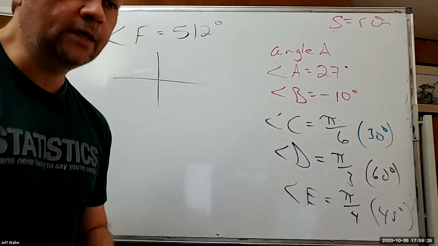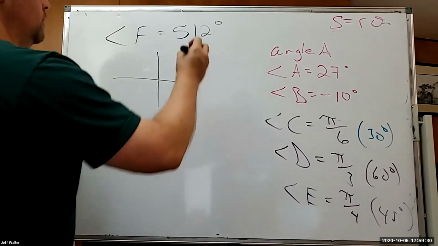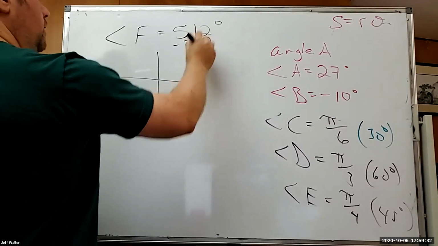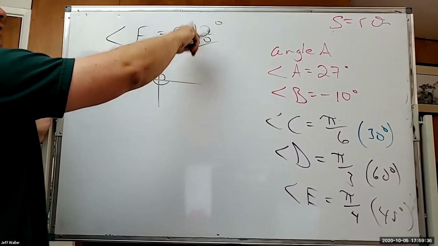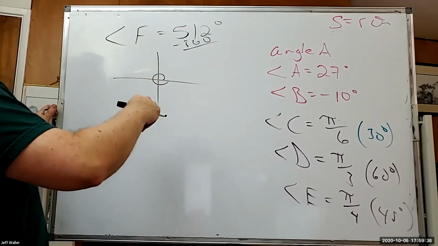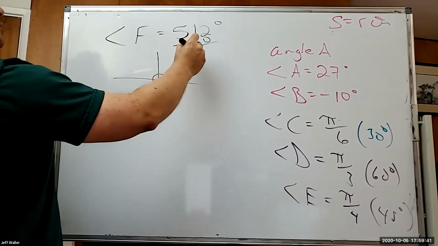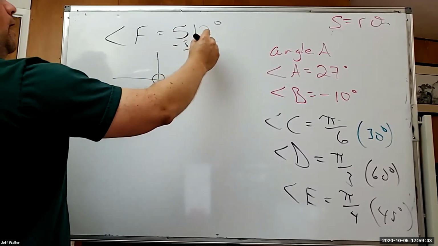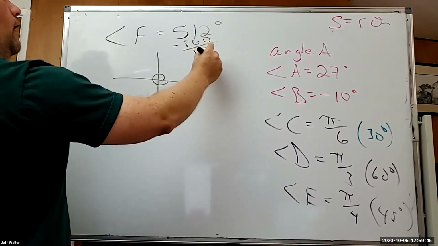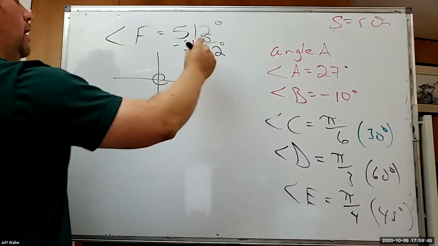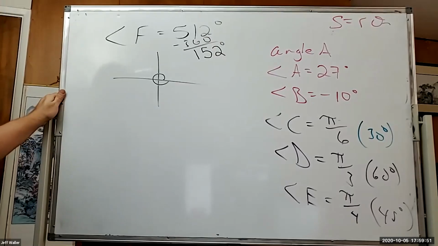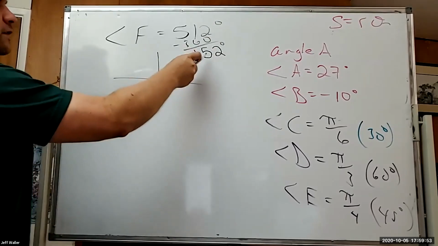If you go all the way around once, that's 360, and then you just keep going. So you can subtract. If I go around once, that's 360. So let me take 360 off, and then what's left? All right, and then 152.